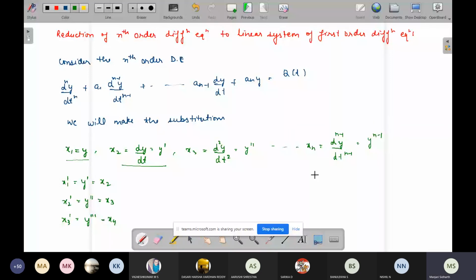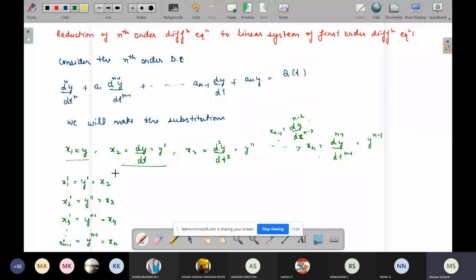Similarly, if I take the derivative of x(n-1), which is the n minus 2th derivative of y with respect to t, one more derivative means the n minus 1th derivative. So that will be equal to xn. That means it will be equal to y^(n-1), that means equal to xn.